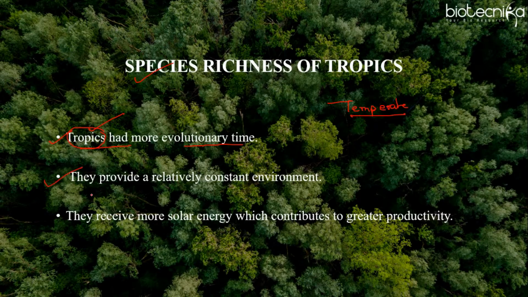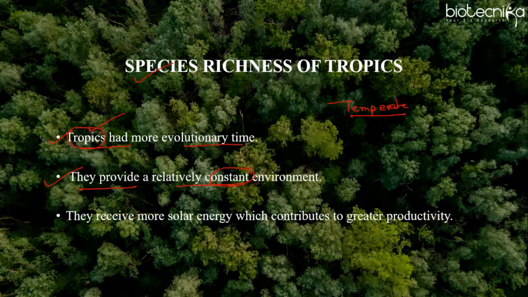Another reason is that the tropical region provides a relatively constant environment. Unlike the temperate regions, the tropical environment is less seasonal, it is constant, and because of the constant environment, not too many disturbances are there, which leads to greater species diversity.